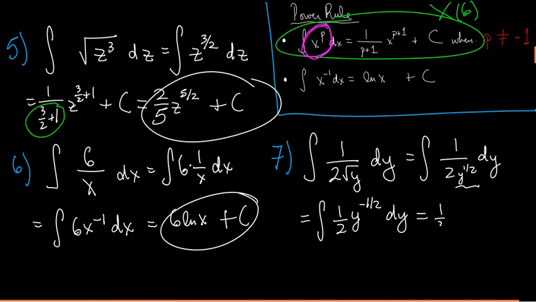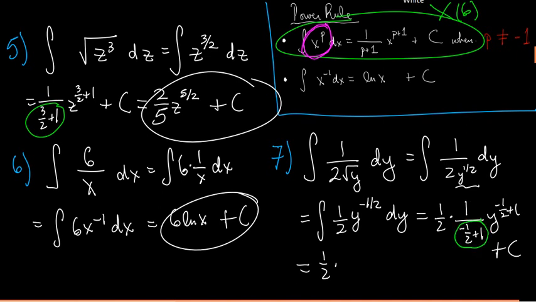Okay, so what is the integral going to be? It's going to be 1/2. And now what's the integral of y to the minus 1/2? It's going to be times 1 over the power minus 1/2 plus 1 times y to the minus 1/2 plus 1 and plus your constant of integration. So let's simplify that. We're going to get 1/2 times, well, what's minus 1/2 plus 1? That's just a half right here in the denominator.